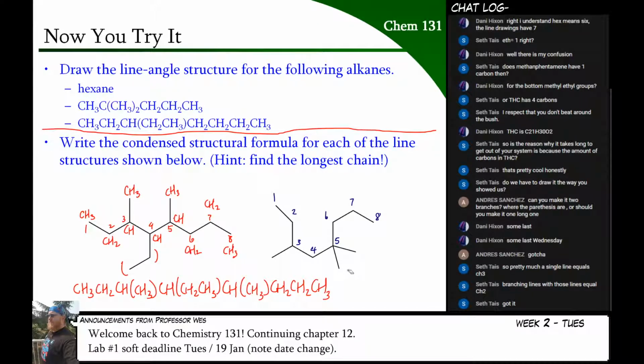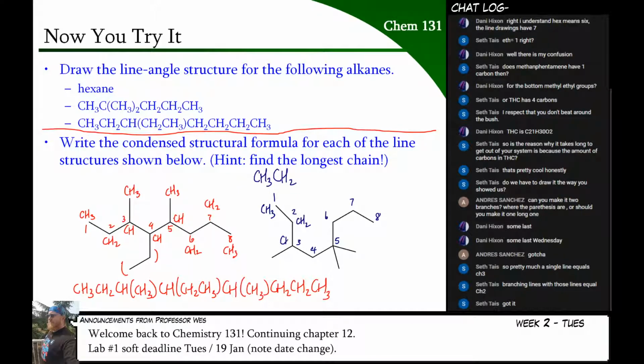The whole trick to this problem is really just it's deceptively drawn. And a lot of molecules are going to be deceptively drawn, so be careful, okay? So carbon number 1 is CH3. Carbon number 2 is CH2.